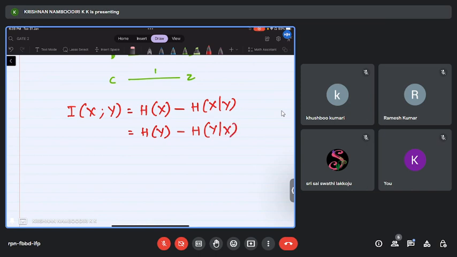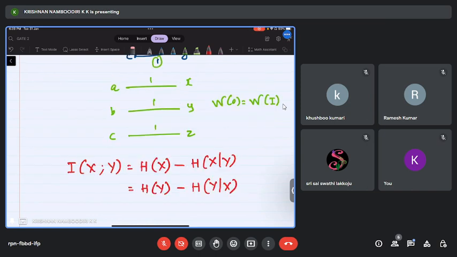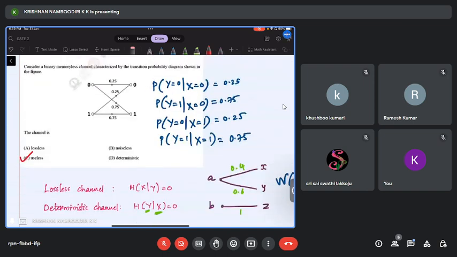So how can you determine a channel is useless? That is very simple. You can in fact make this transition probability matrix. Okay, so 0, 1 and 0, 1. Basically this corresponds to input and this corresponds to output. If I transmit 0, then with probability 0.25, the output will be 0. Similarly, if I transmit 0, the output will be 1 with probability 0.75. Agree? Similarly, if I transmit 1, the output will be 0 with probability 0.25 and 1 with probability 0.75.